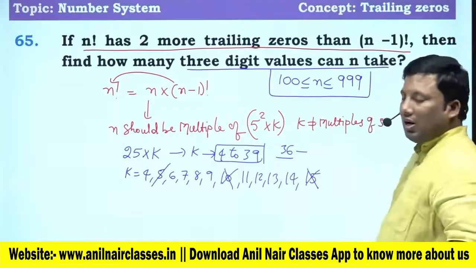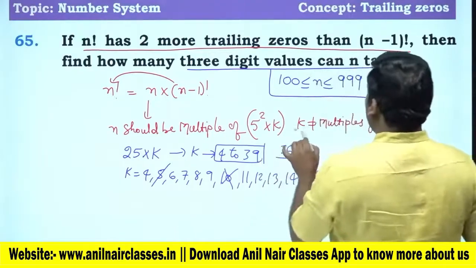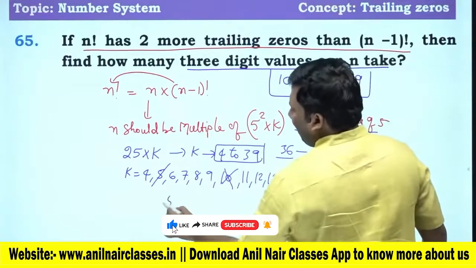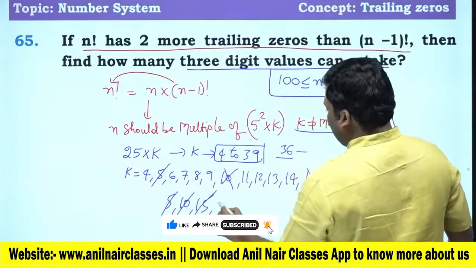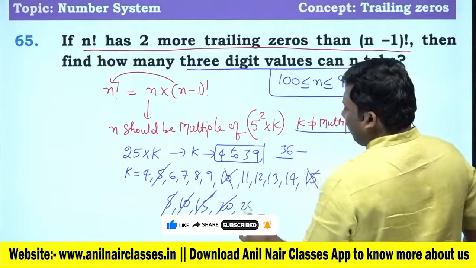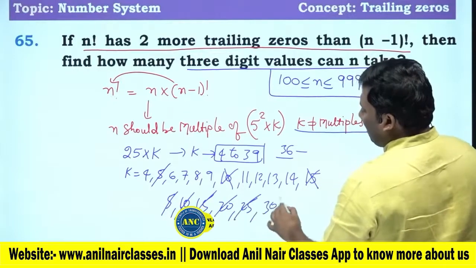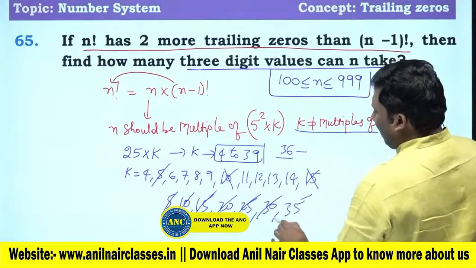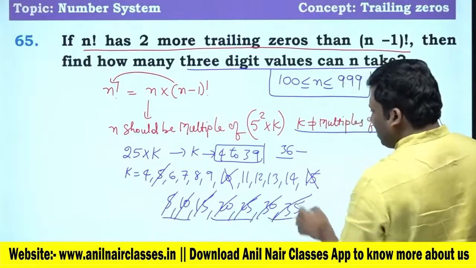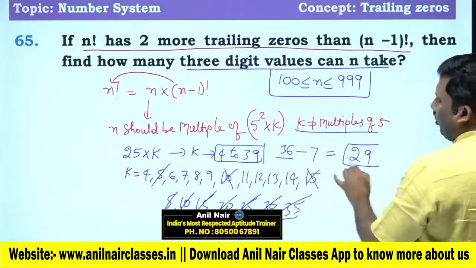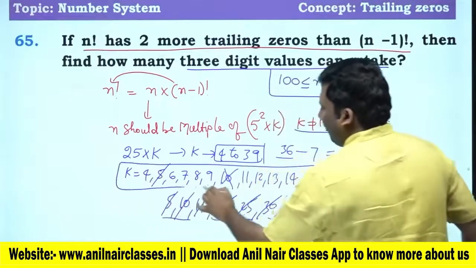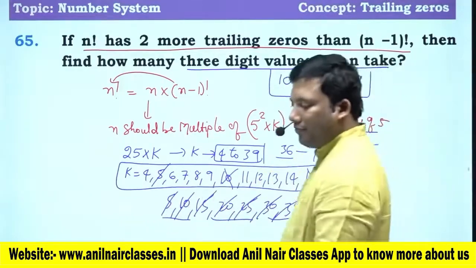In that one, which all we should omit? K should not be a multiple of 5. 5 we should omit. 10 we should omit. 15, 20, 25, 30, 35 we should omit. 36 minus 7, 29. You don't need to do this step of wasting your time.